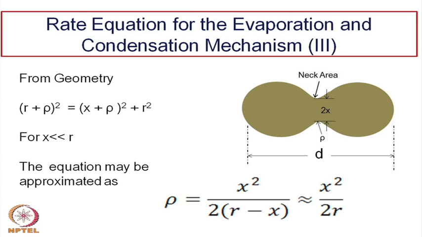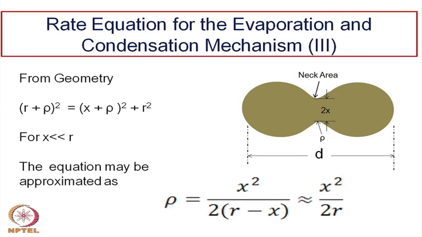Then from the geometry, one can also correlate these three parameters, r, rho as well as x. Here again it is shown what rho and x are, and r was shown in the earlier picture. So one can write (r plus rho) whole square equals (x plus rho) whole square plus r square. That is simply from geometry.